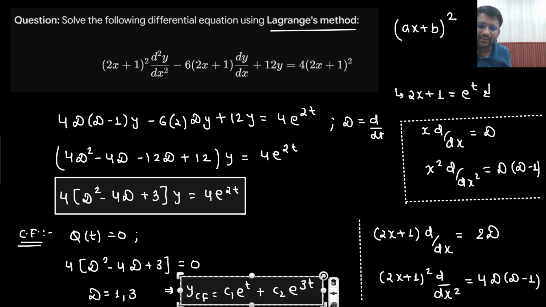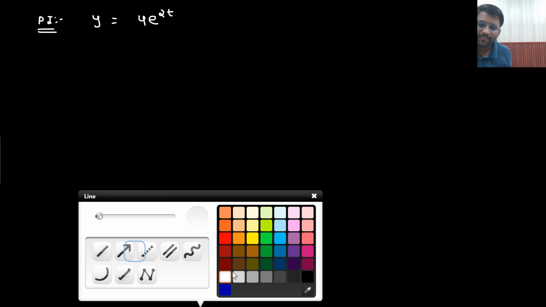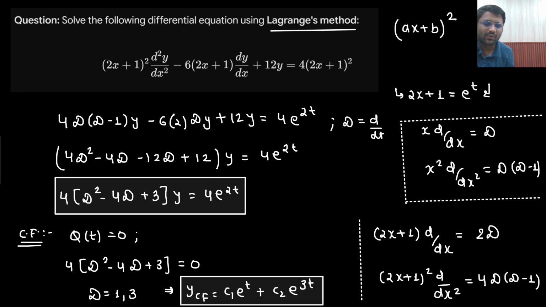Now I need to find out PI. PI we need to find out. So what will be my PI? PI will be y equals 4 e to the power 2t upon 4 into D square minus 4D plus 3.